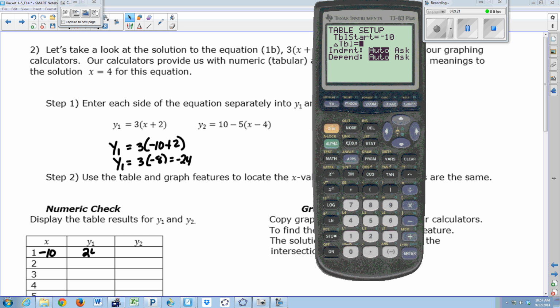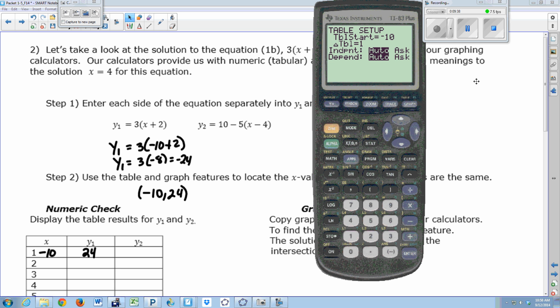So the value that goes along with -10 on my first graph will be -24. On my first graph, the ordered pair -10, -24, I would put a little dot. That would be my first point on my first graph.